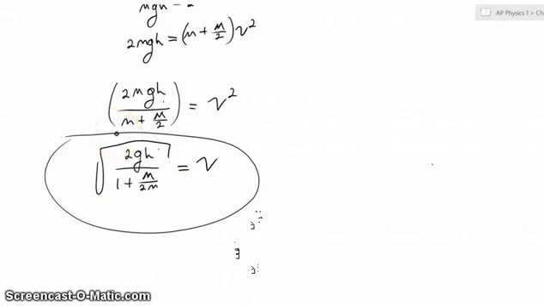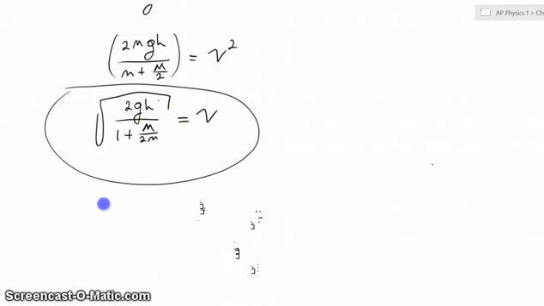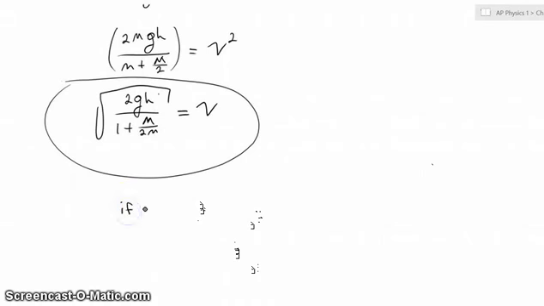And you can see if the mass of the pulley was 0, this equation would simplify.